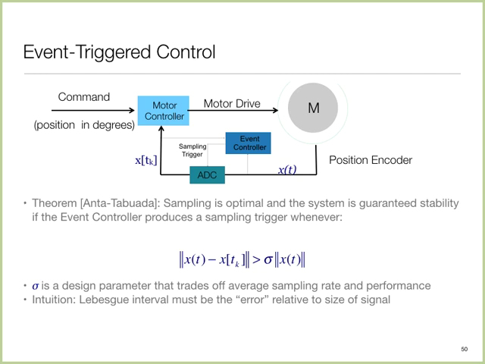In control theory, you basically worry about the stability or the convergence and stability properties. So sigma is a design parameter which trades off performance against the sampling rate.